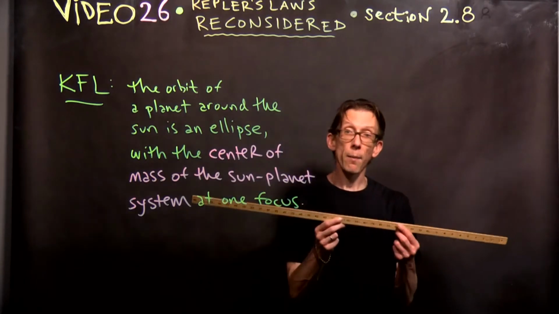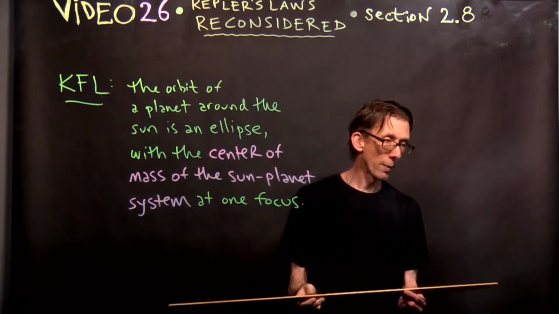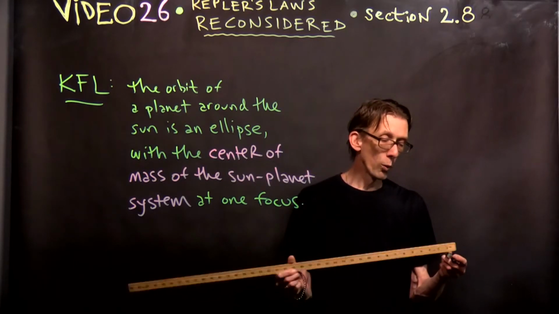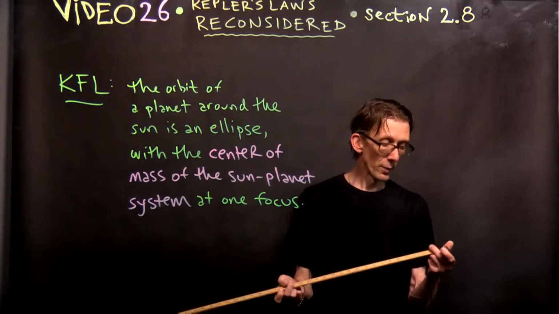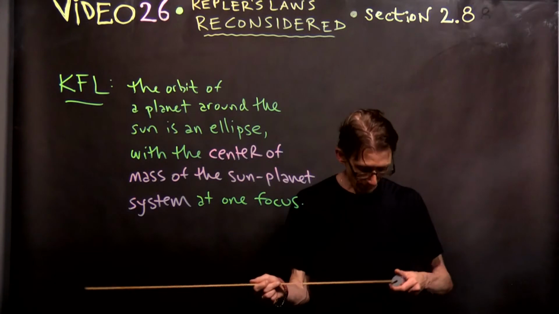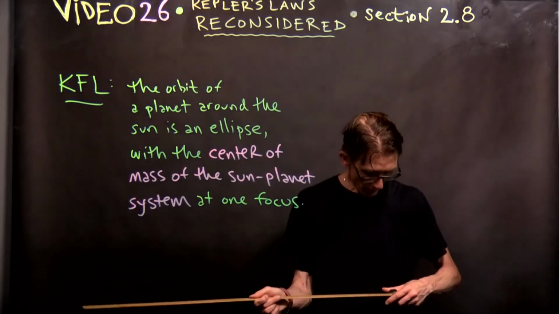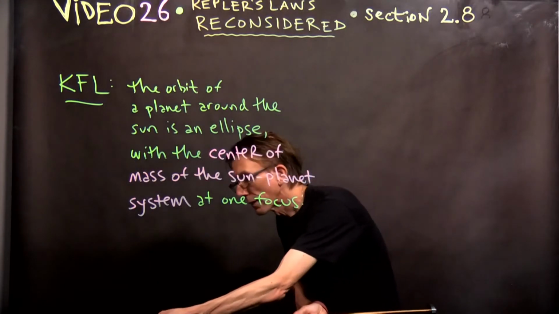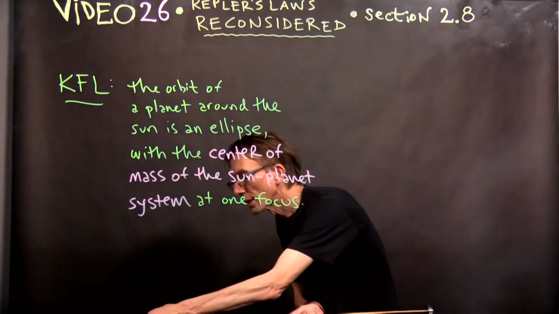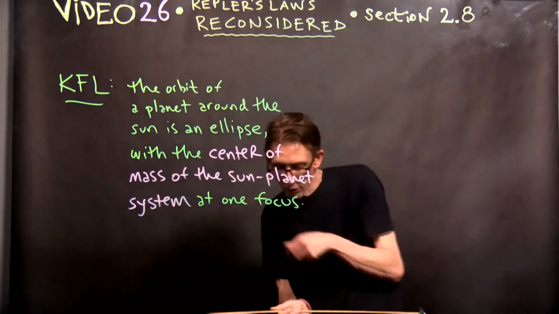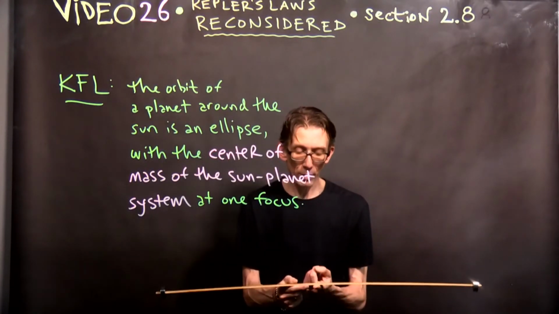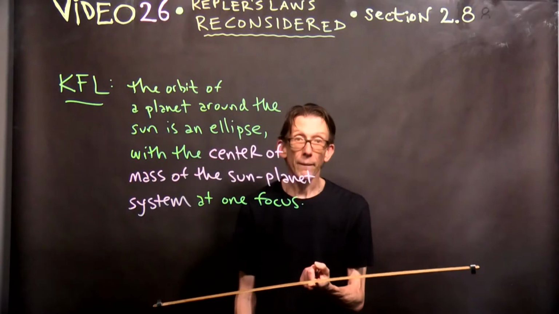Here we have a meter stick. I'll hold it down about this high so you can see it in the video. And I'm going to put a weight on either end, about 2 centimeters from either end. So there's one weight, and here's another weight right there. Notice that with those two weights on the meter stick, I can balance the meter stick by putting my finger in the middle.